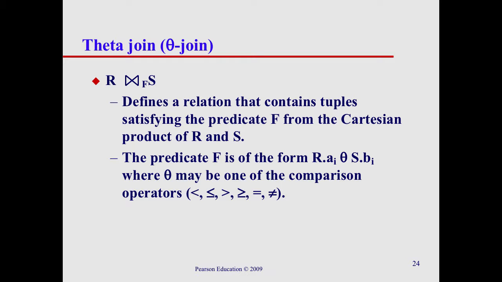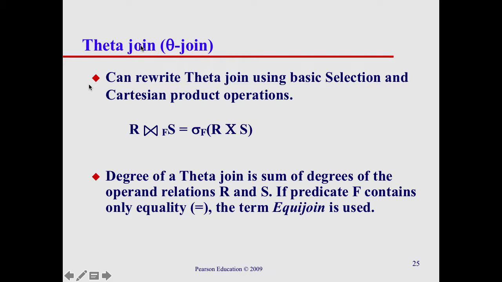In many cases, these are nonsensical predicates, which is why we usually only use equal. But the most general version of a join is called the theta join. You can rewrite the theta join as a Cartesian product and a selection using that predicate.